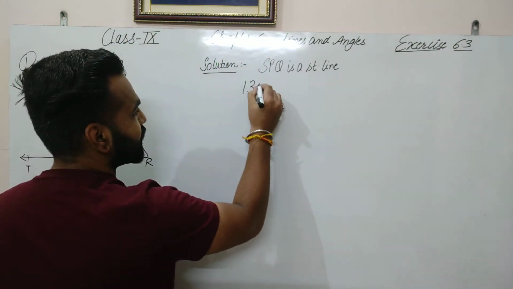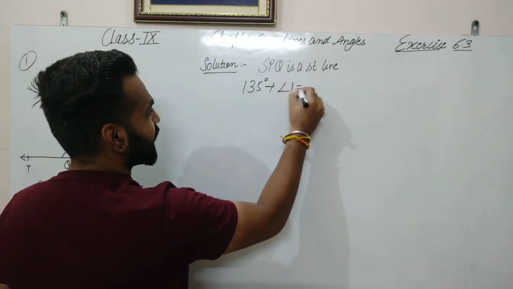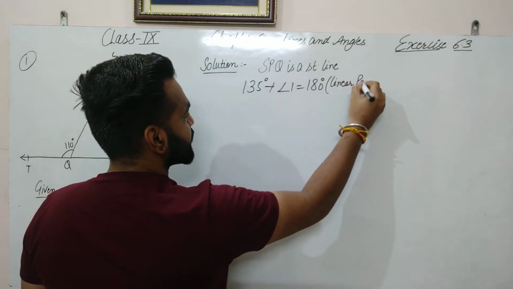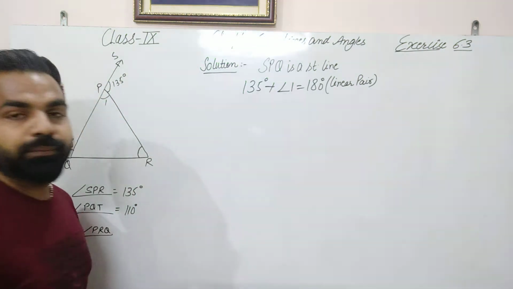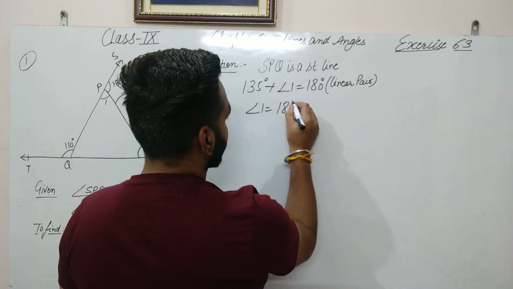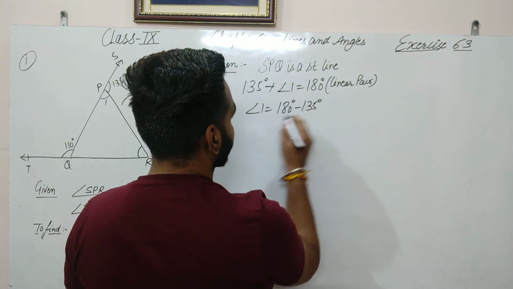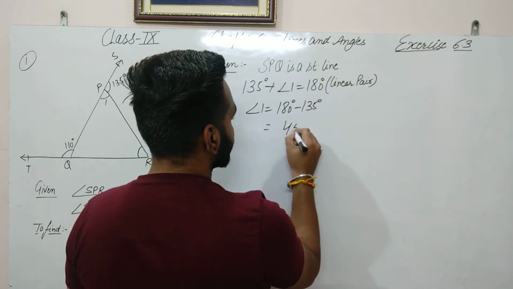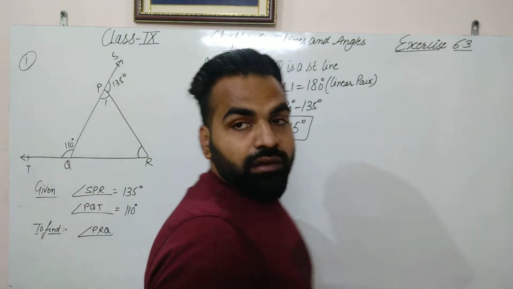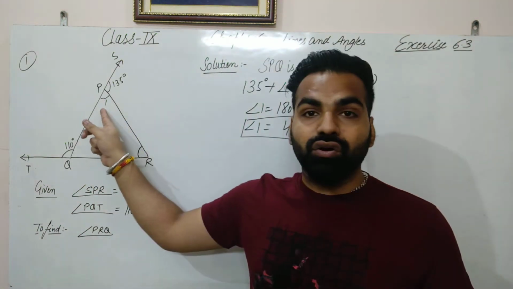So 135 plus angle 1 is equal to 180 degrees, linear pair. From here angle 1 is equal to 180 minus 135 degrees, which is equal to 45 degrees. Clear? Now this angle is known to us.